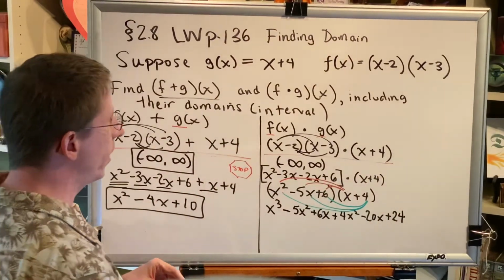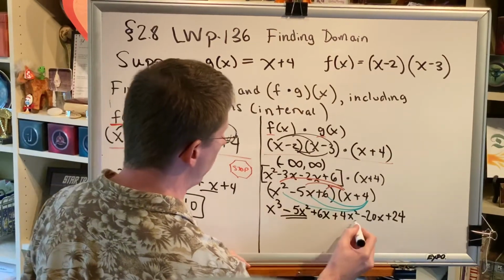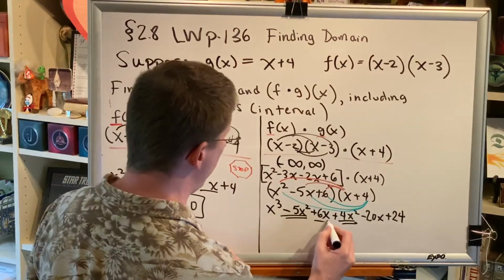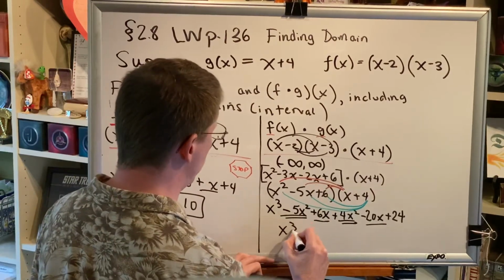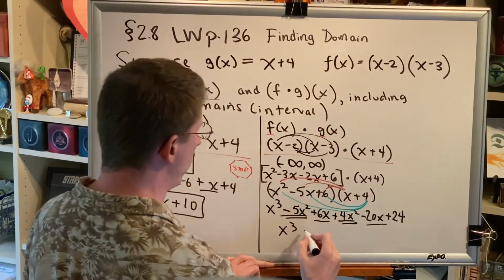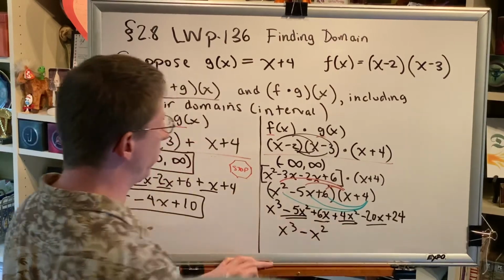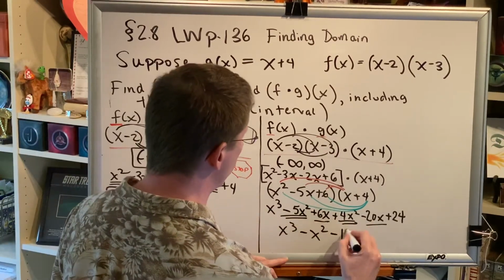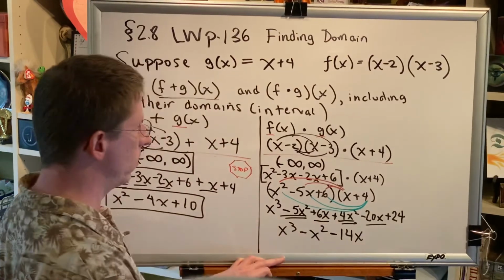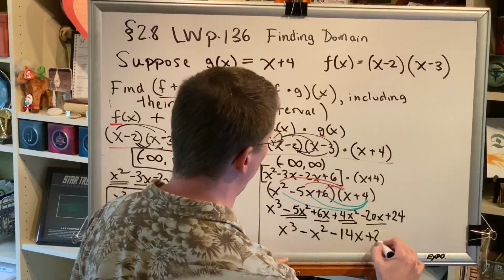Now combine your like terms. The x squared terms, for example, and the x terms. Our final result would be x cubed minus 5 plus 4 is minus 1, or simply minus x squared, plus 6 minus 20 is minus 14x, plus 24.